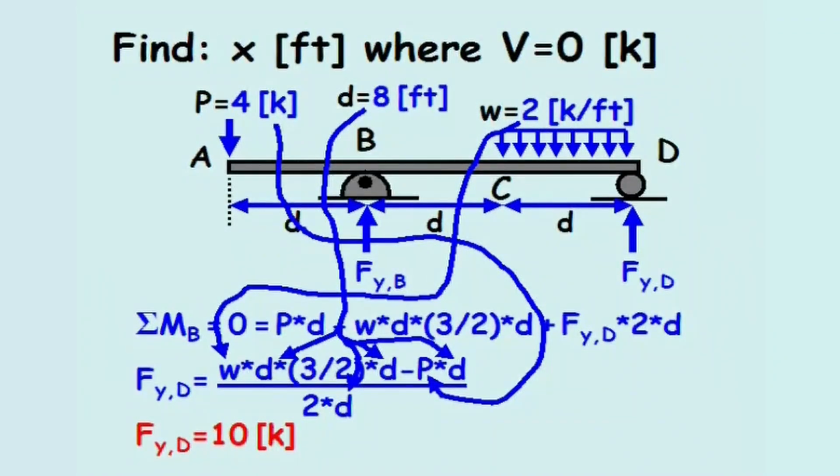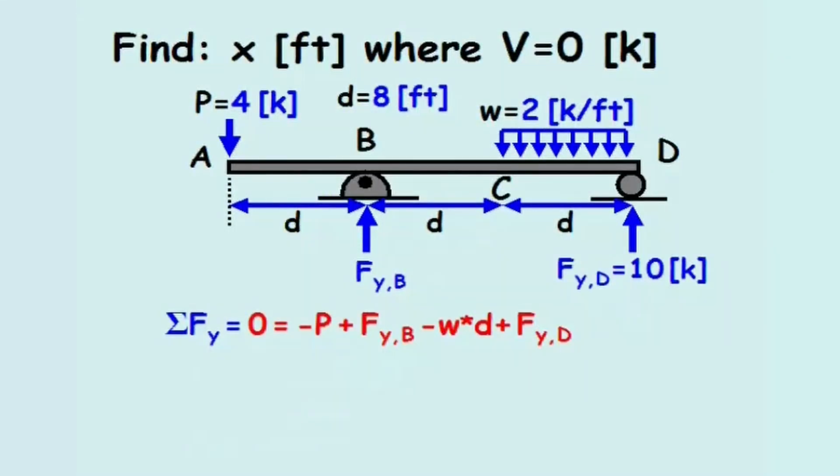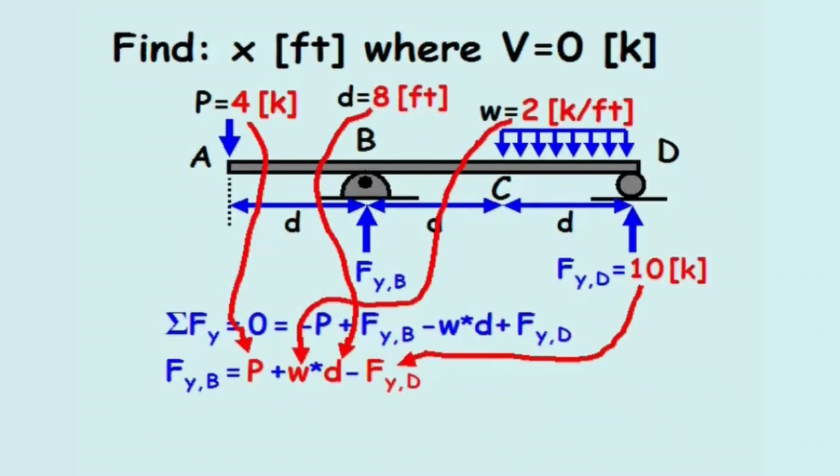The vertical reaction force at joint B can be solved by summing the forces in the vertical direction, setting the value equal to 0, and plugging in the appropriate values. The vertical reaction force at joint B equals 10 kips.